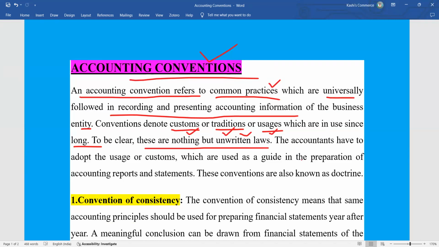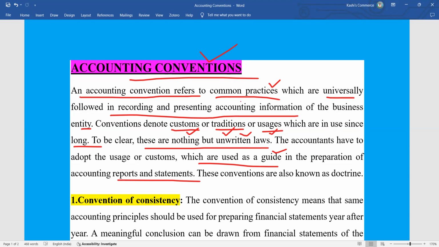The accountants have to adopt the usage or customs, which we can use as a guide in the preparation of accounting reports and statements.